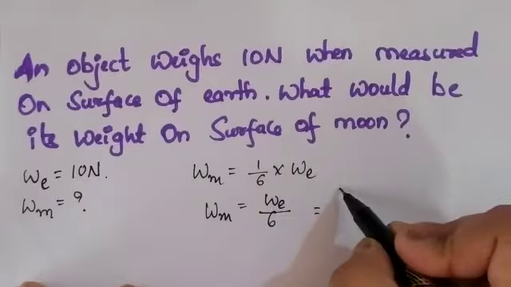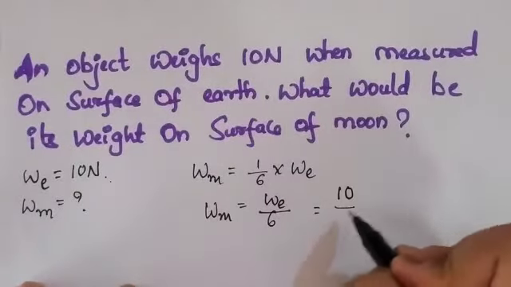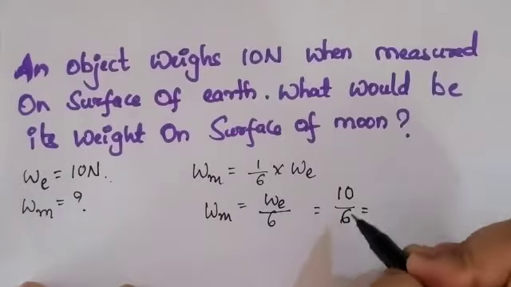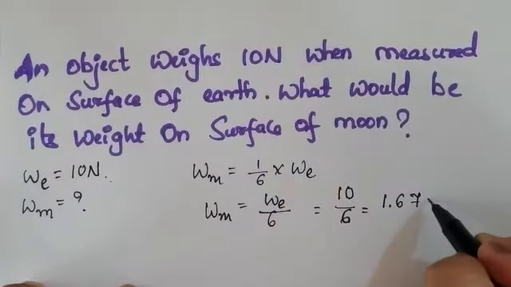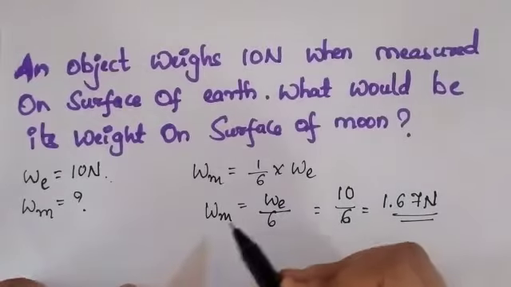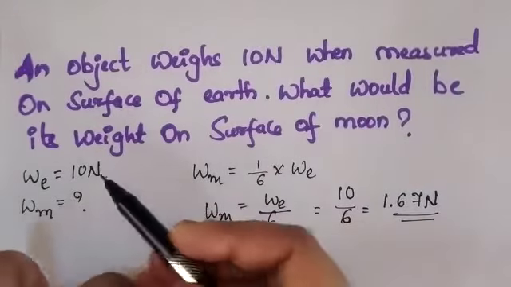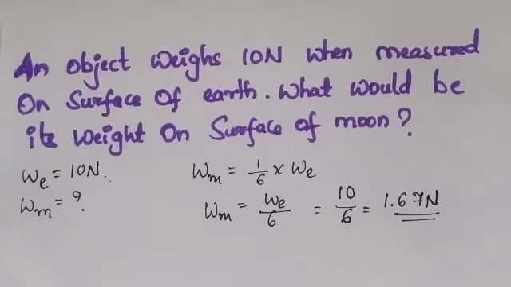What is We here? 10 Newton, that is the weight on the earth, divided by 6. So 10 divided by 6 gives the answer 1.67. And what is the unit here? The unit of weight is always Newton, whether it is the weight on the moon or on the earth, the unit remains as it is. So this is about the second problem.